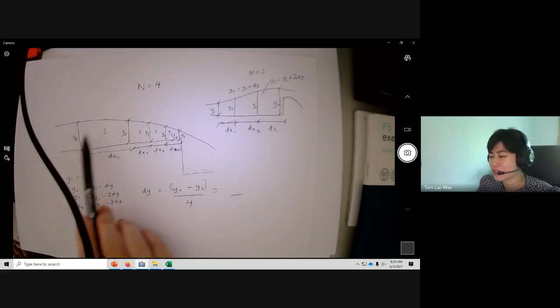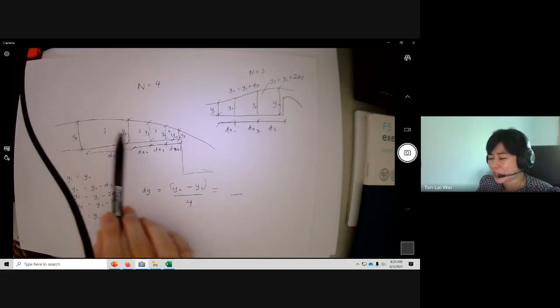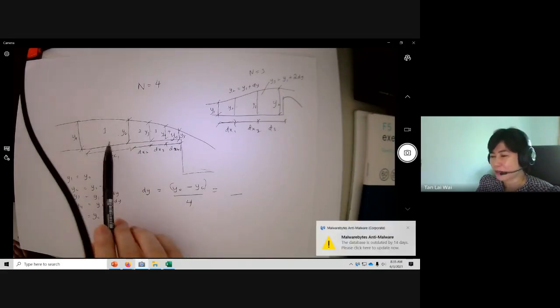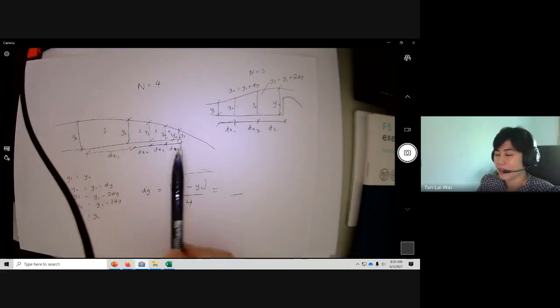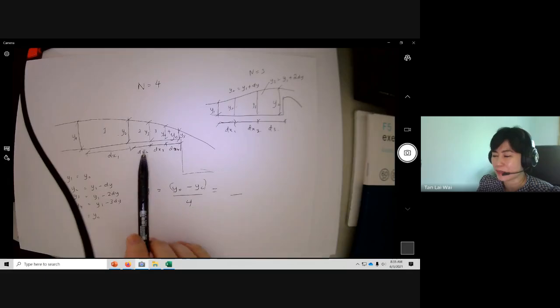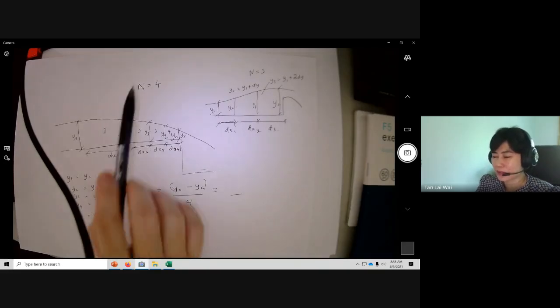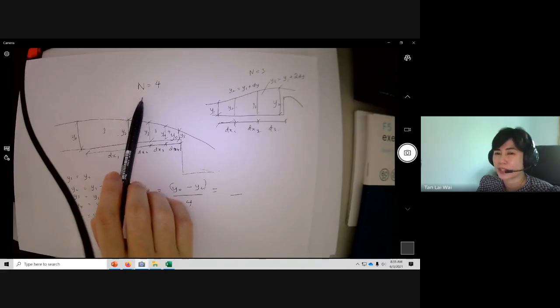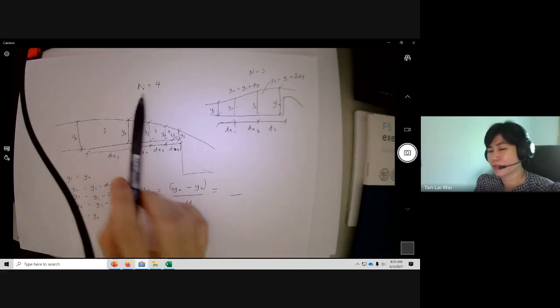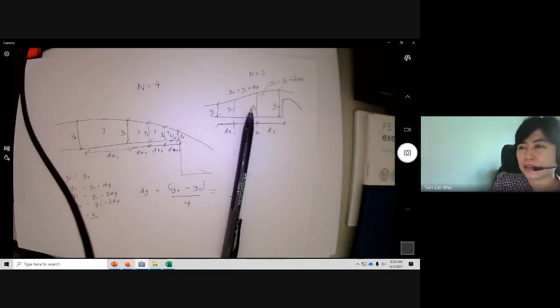That's why, for the sake of you understanding how to use direct integration, we just give you n equals 1. Since the second and third methods are much simpler to solve, here we introduce a certain n. In the question, we'll give you certain n. I hope you are clear on this.